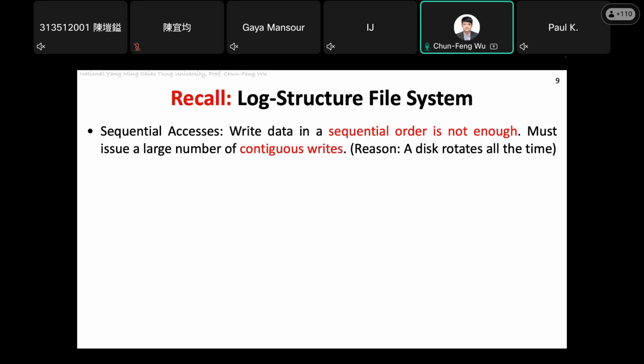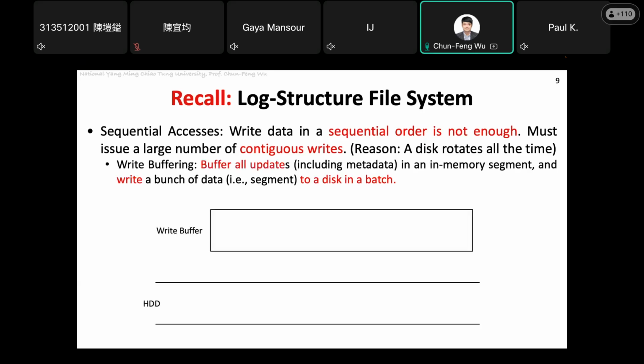But here comes the problem: if there is no write buffer and your Linux system starts to submit the request to write a file, it is possible that another process is writing other files to the same hard disk drive, or there is a crash in your system, and then the sequential order cannot be guaranteed.